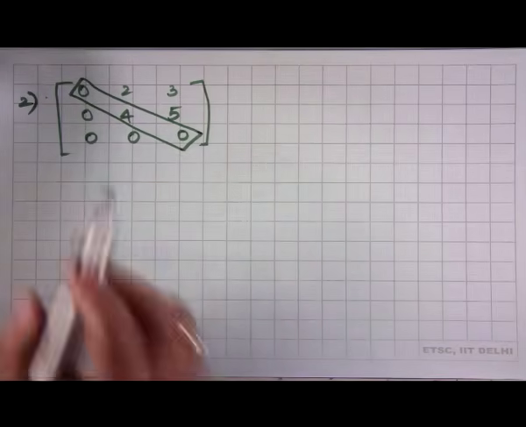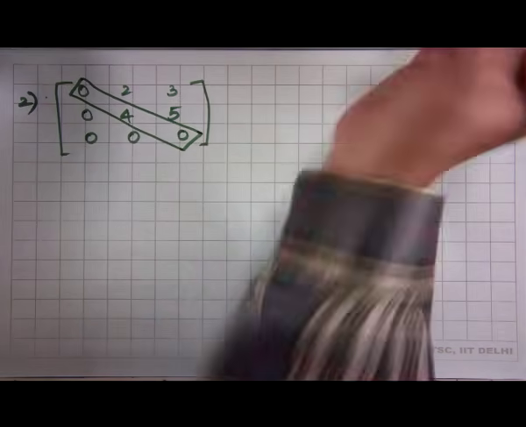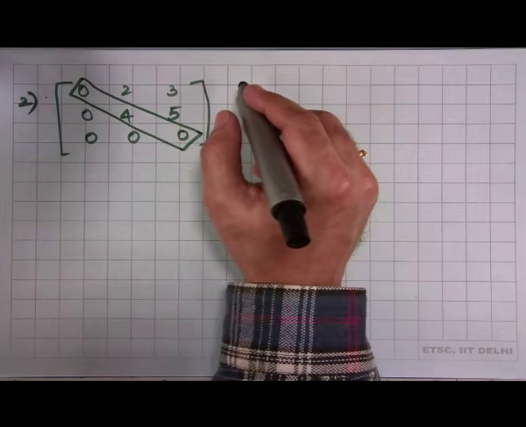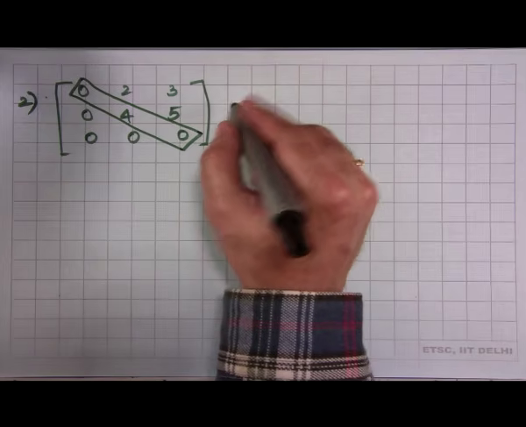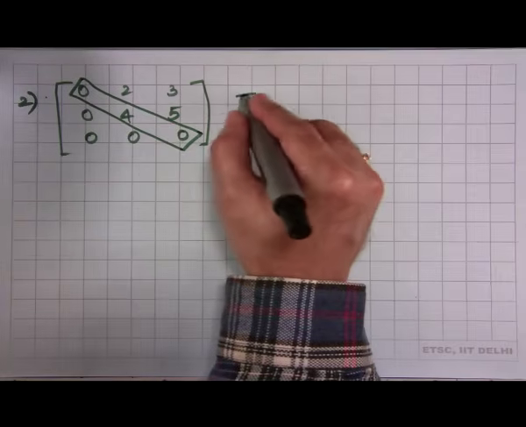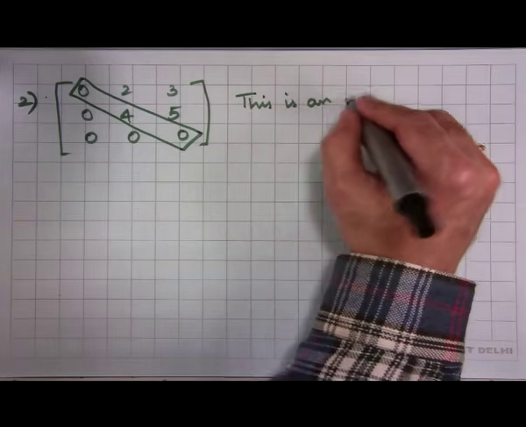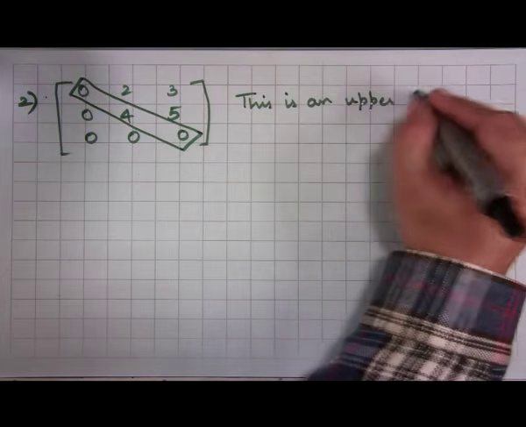Fine. All the entries below the diagonal are 0. So, therefore, this is an upper triangular matrix.